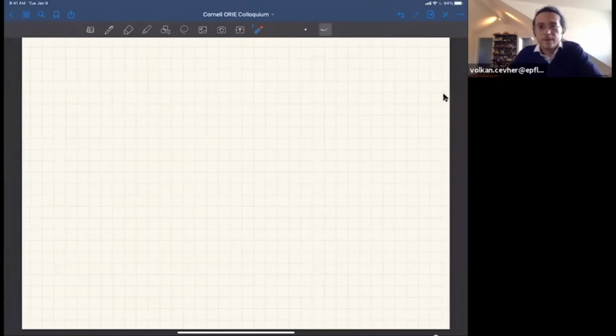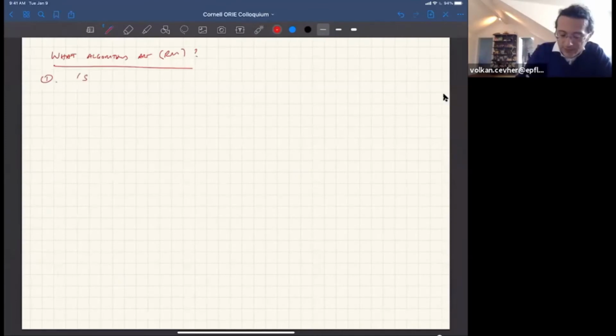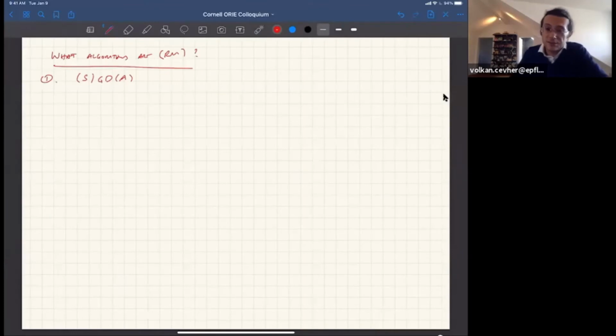Now, what algorithms are RM? Stochastic gradient descent ascent is an RM scheme.